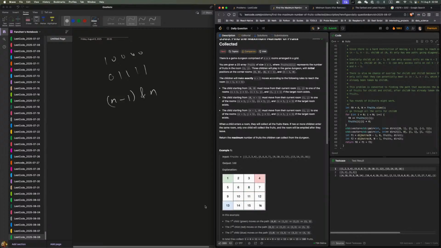But I'll do it differently from the editorial. Editorial worked on the right half. I'm going to work on the bottom half, which also is more intuitive to me. And essentially, we'll start from this position, and it cannot cross. Right, that's the key. It cannot cross the diagonal line.